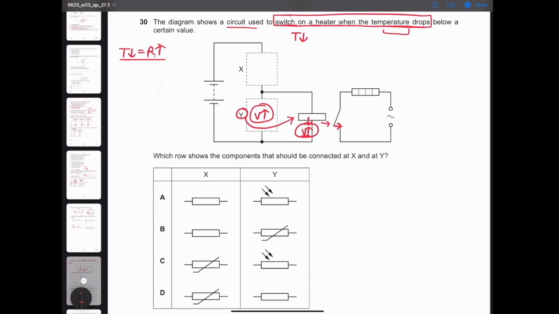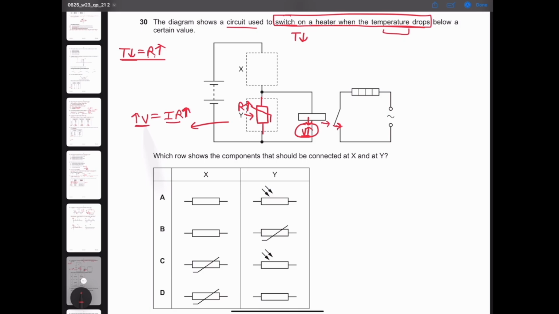Now, when you apply Ohm's law, V is equal to IR, then R is increasing, so voltage must increase. But this is only when you have put the thermistor here. This will be applicable only when you have the thermistor here, right? Because what I'm saying is when the temperature decreases, resistance must increase. So resistance here must increase. Then you apply Ohm's law, V is equal to IR. If resistance is increasing, voltage should increase as well.